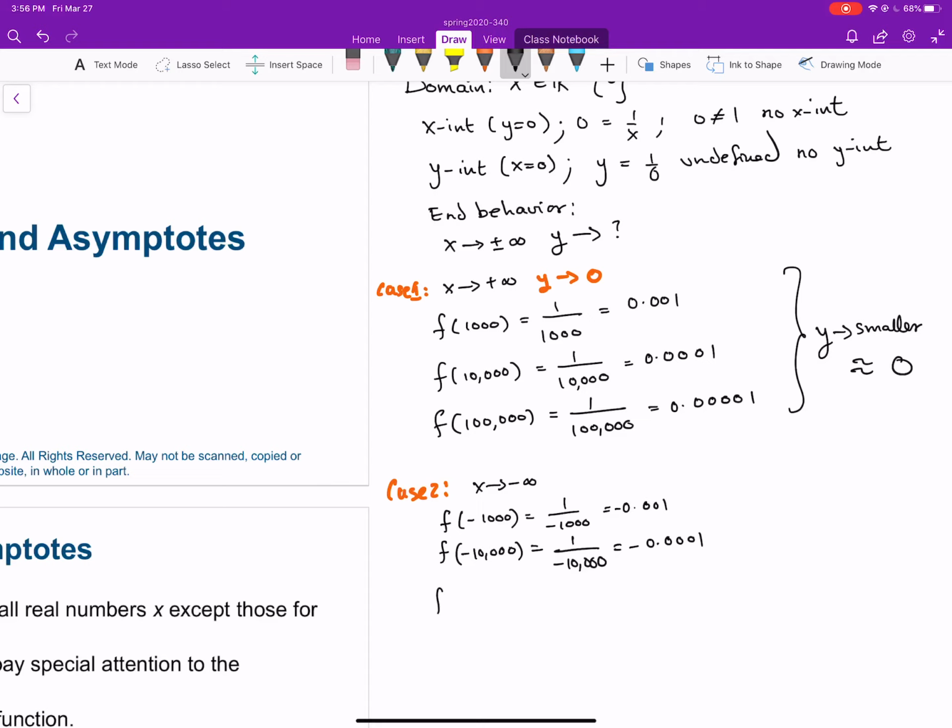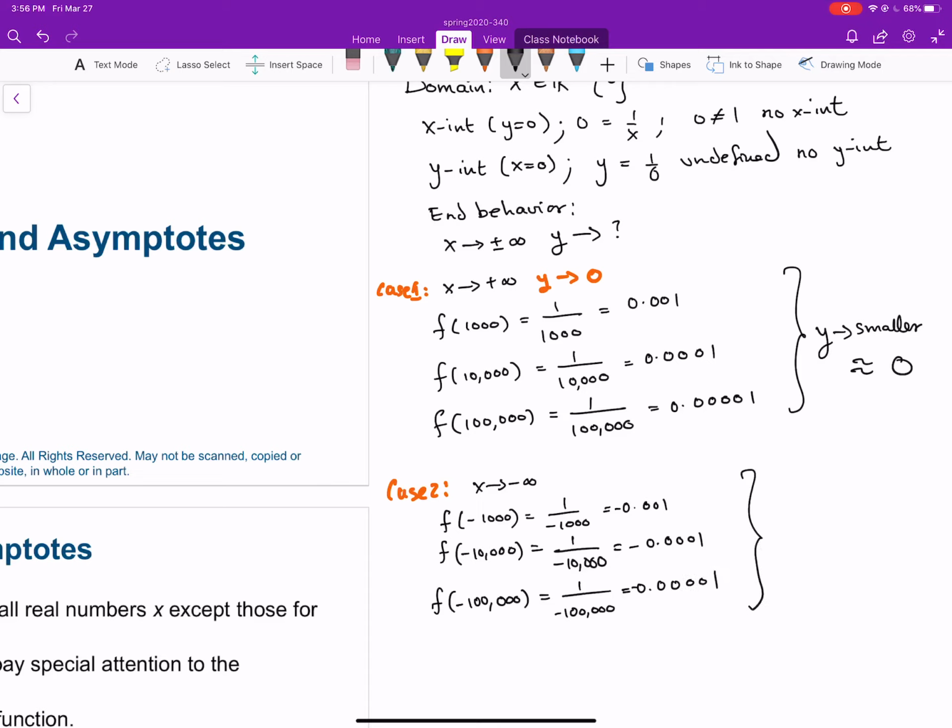0.0001. If I do f of negative 100,000, I get 1 over negative 100,000, which is equal to negative 0.00001.